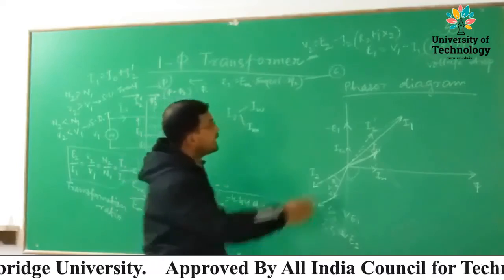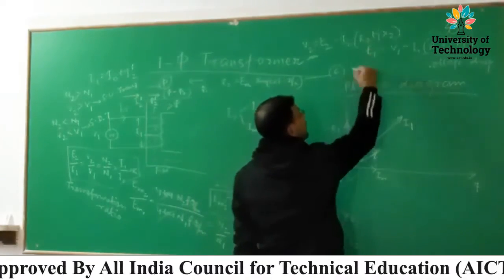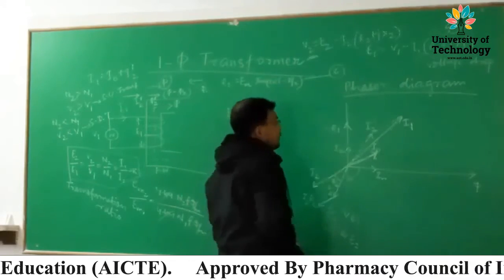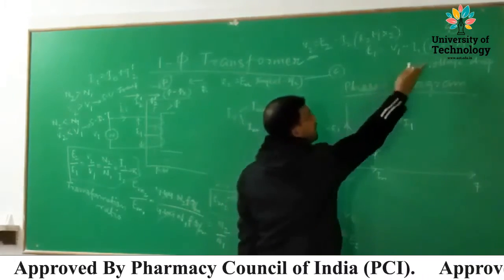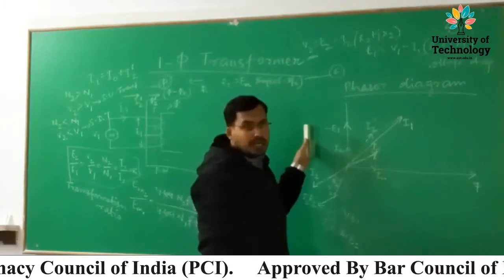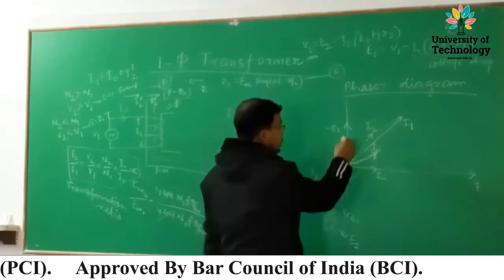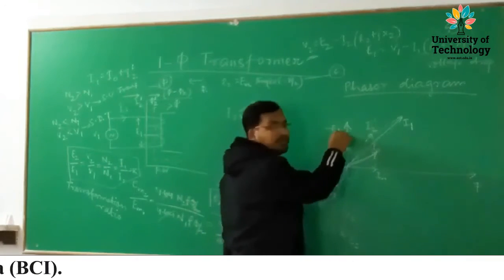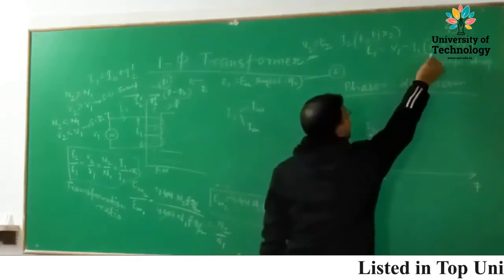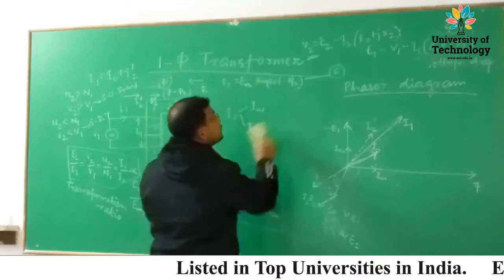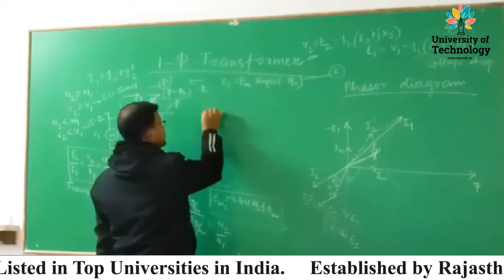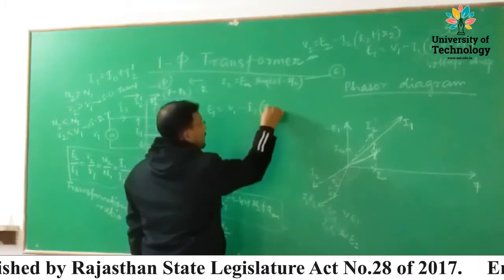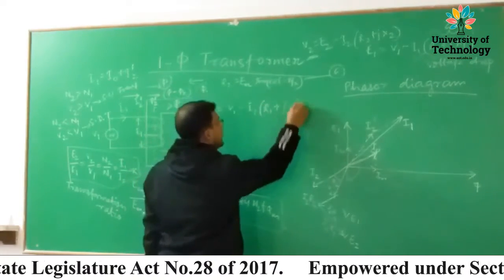After that, what will we do? We will find V1 as the vector sum of E1 and I1 Z1. So with this voltage E1, we will draw the I1 R1 drop, because from this we can write E1 is equal to V1 minus I1 into R1 plus jX1.